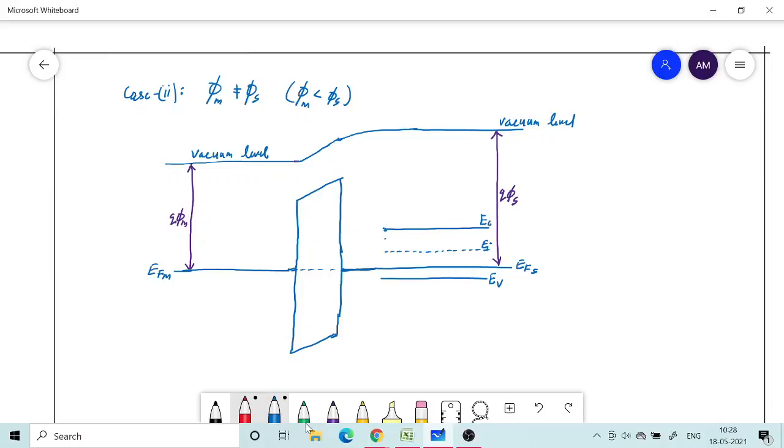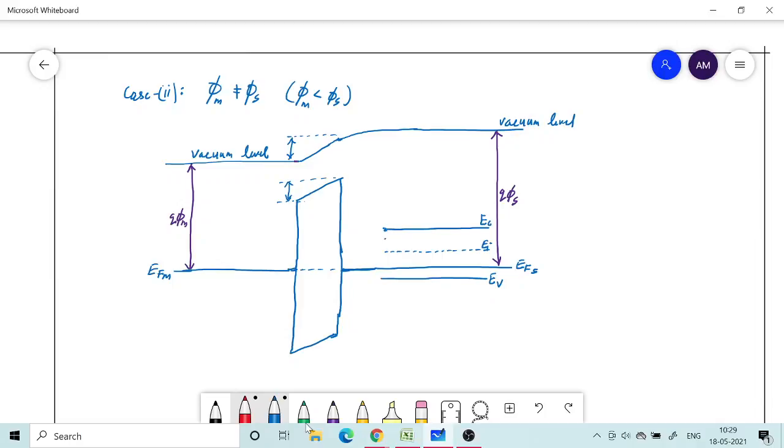Now you see that the band bending is not only over here, there is a bending within the oxide. I will call this the drop across the oxide, which is the same here also. These are all the same drop. This is the amount of energy difference from one end to the other end of the oxide layer.